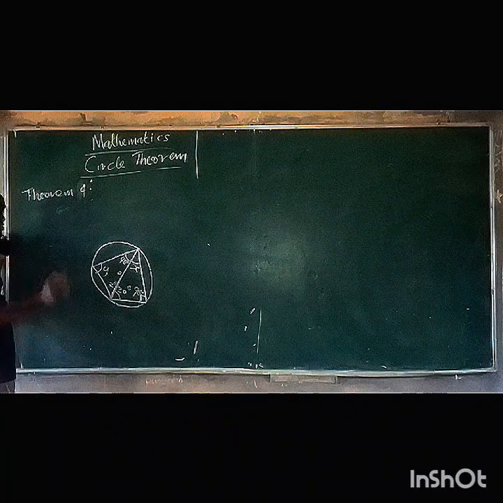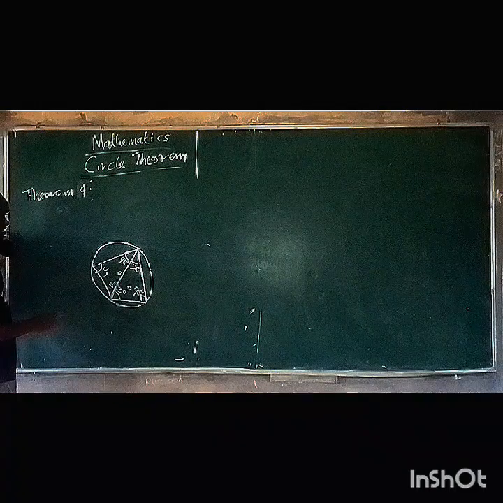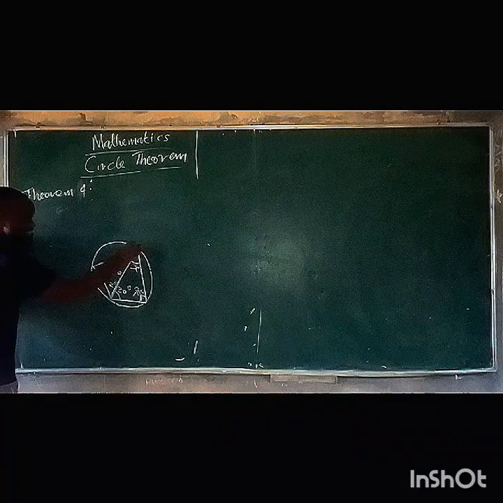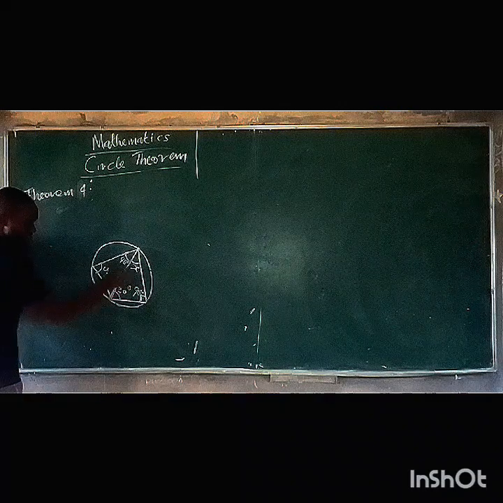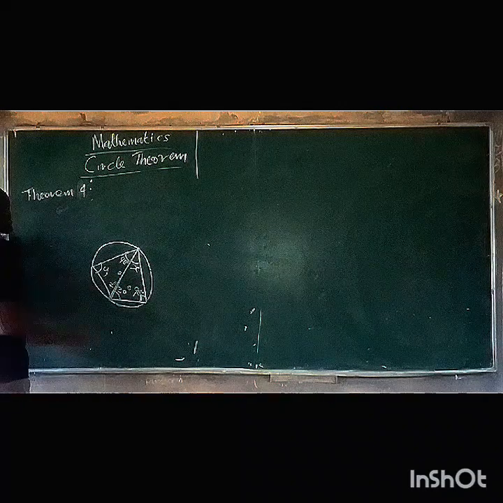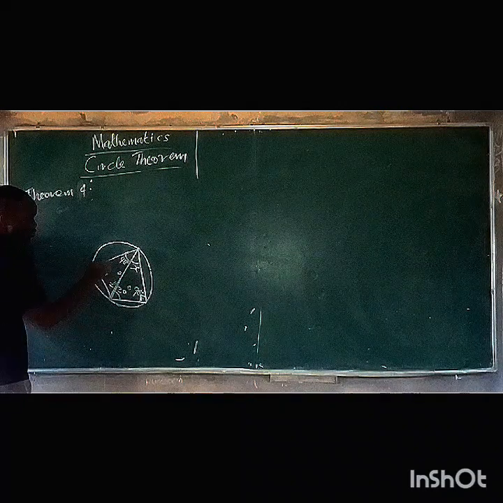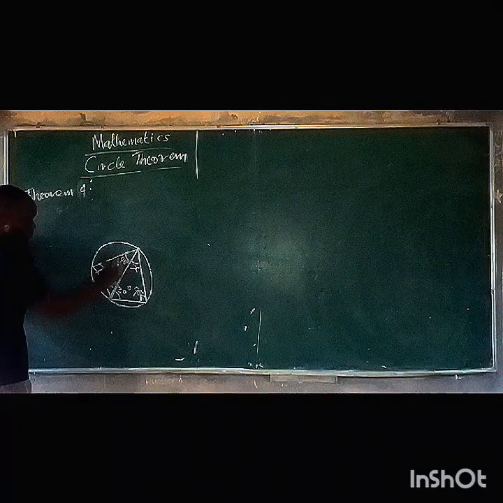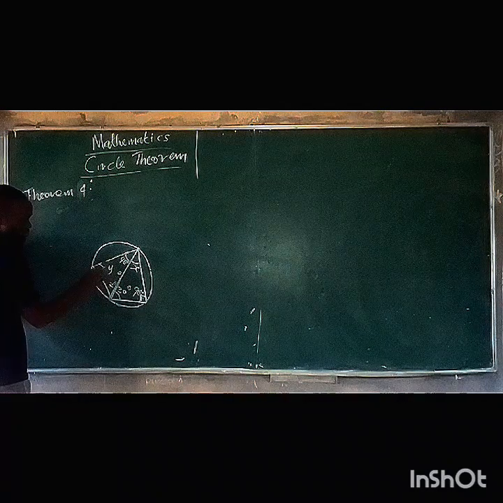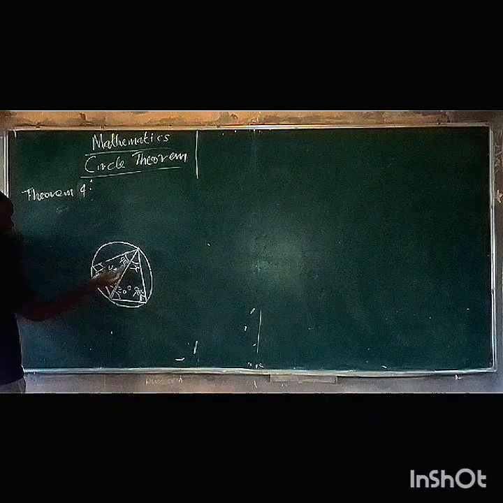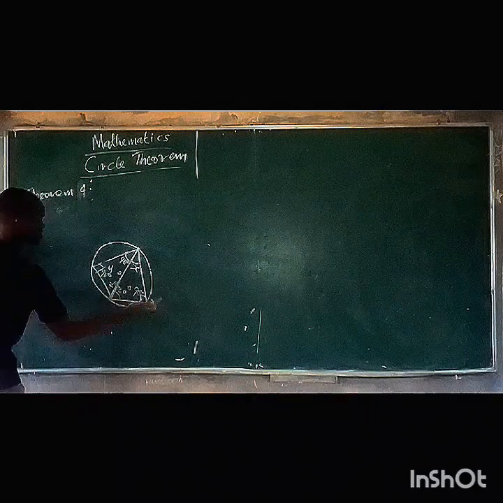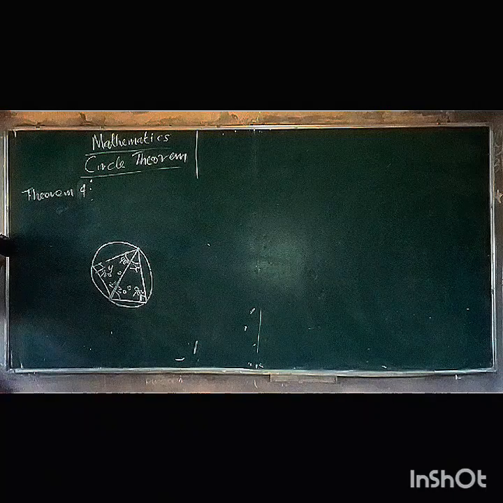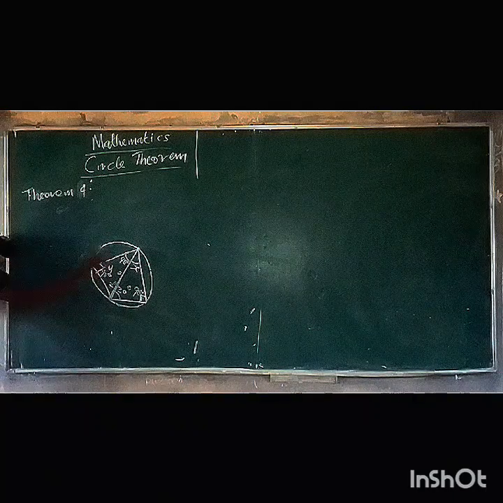Now, funny enough, something is happening here. Not just one angle was subtended in a semicircle, but this line is a semicircle. Here is a semicircle, here is also a semicircle. So two angles were subtended. So this angle, our y, is also 90 degrees, because this one was subtended by a semicircle, this one is also. They were formed from the semicircle.